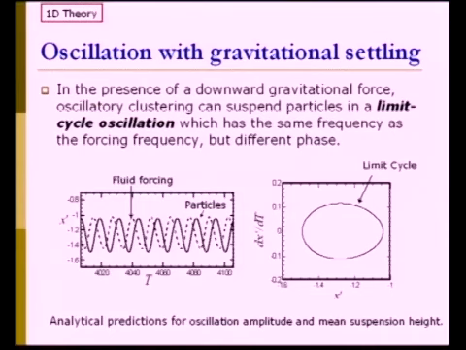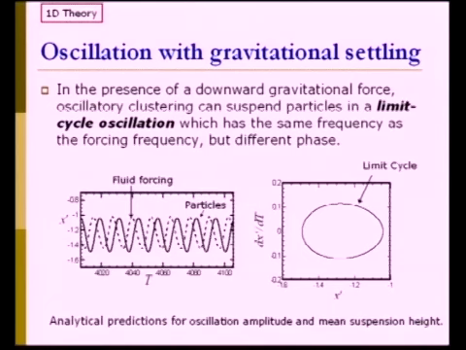What happens is that the particles will oscillate at a certain mean elevation relative to the nodal point of the straining, and they'll enter this limit-cycle type behavior. This is a plot of position of the particle versus time, and the dashed lines are the fluid forcing, so what a passive fluid particle would do. And the solid lines are what the actual particle will do.